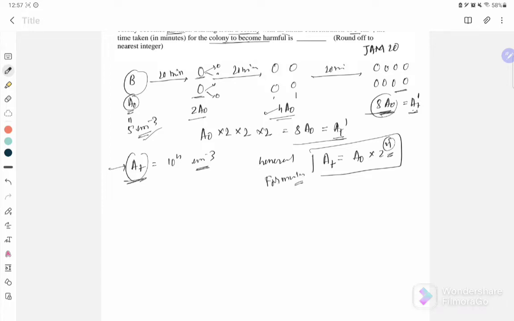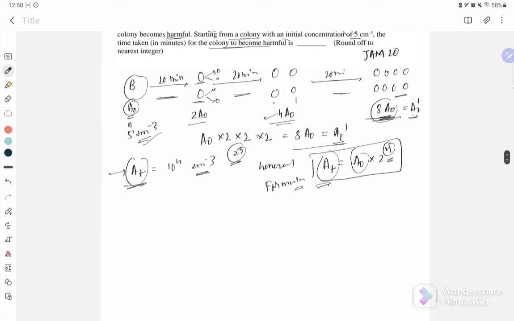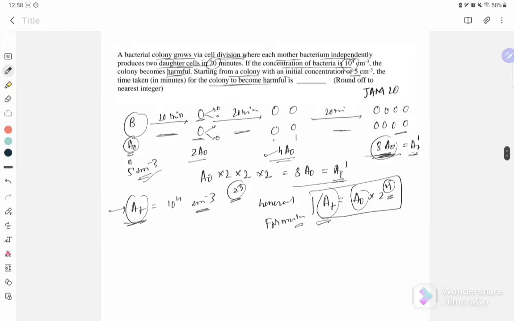What is the n? It is the number of repeated times, 1 here, 2 here, 3 here, so that is 2 to the power 3, meaning after 3 repeated times it gets 8A0. So after n repeated times it goes from A0 to AT. The question says 2 daughter cells.